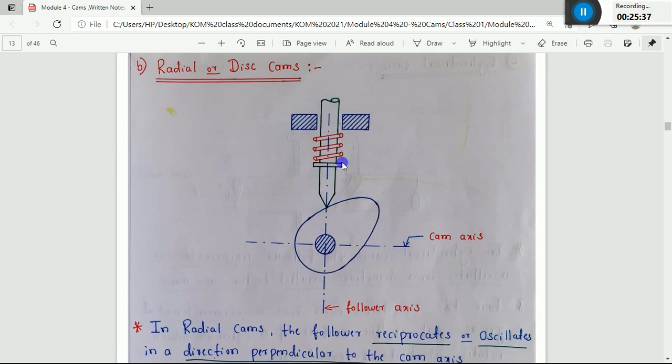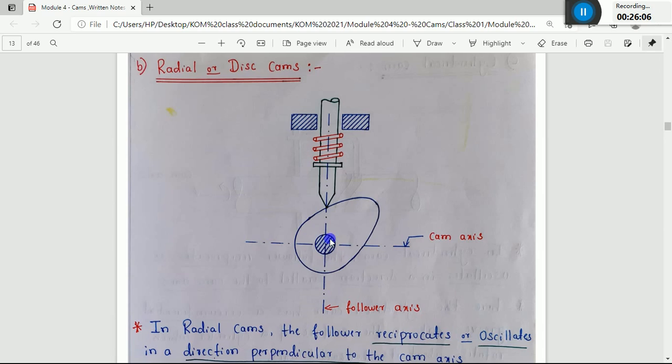So the features of these radial disc cams: the follower axis passes through the center of the camshaft. Also, one more thing, the axis of this follower is perpendicular to the axis of this camshaft. You can see the axis of this shaft is perpendicular to the screen, or you can say perpendicular to the plain paper.